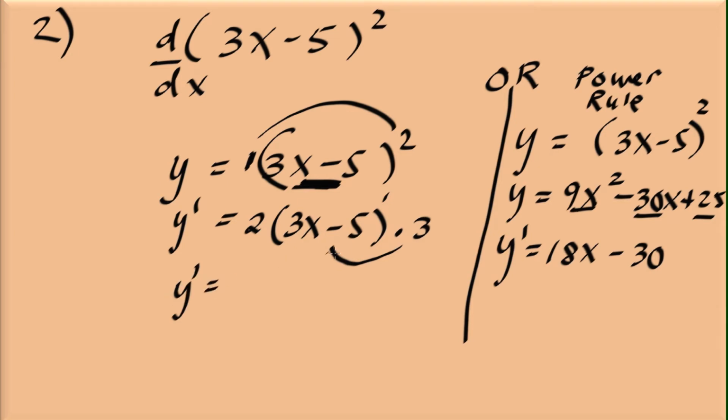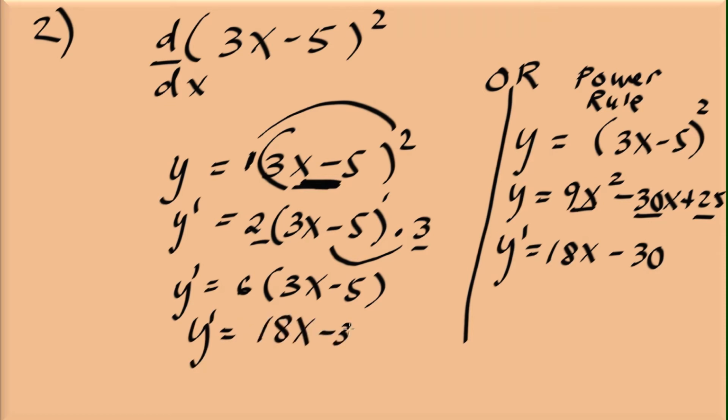So our y prime is going to be 3 times 2 is 6, multiplied by the 3x minus 5. So your y prime is 18x minus 30. As you can see, it's the same as the y prime we got using the power rule.